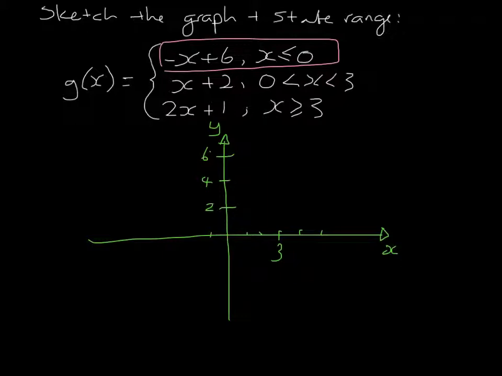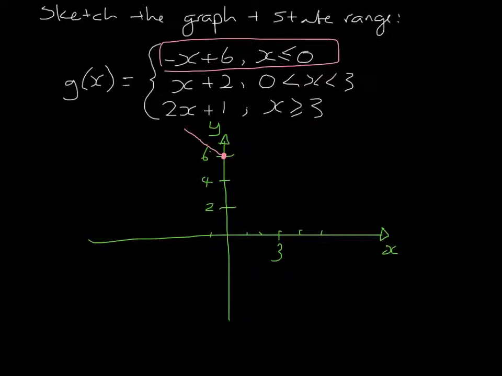So when we get to 0, nice little filled in circle there, it has a gradient of -1, so it goes down 1 for every one that it goes across, but we need to go in the negative direction, so we're going to go up 1 and across 1 in the negative direction, roughly, and extend it through like so. So that graph will look something like that.